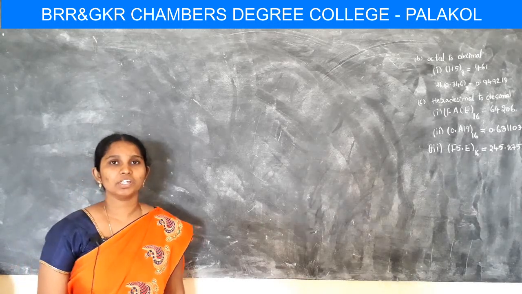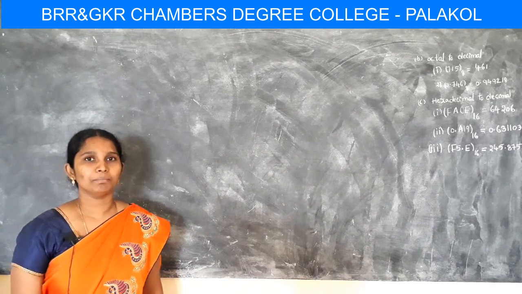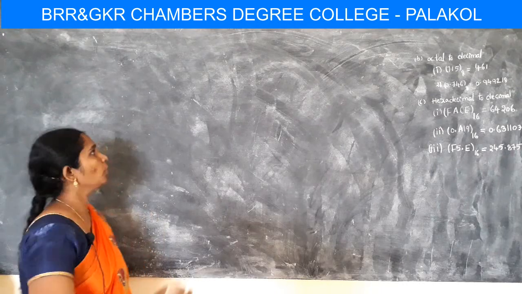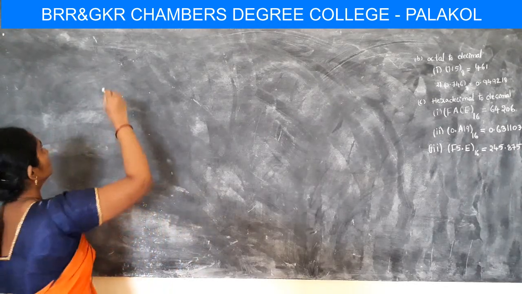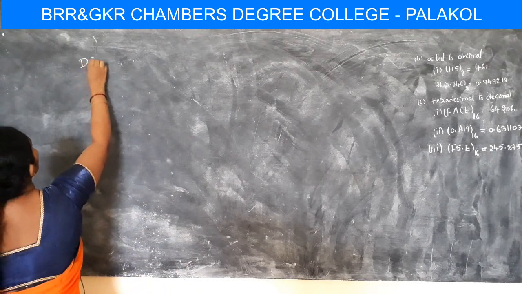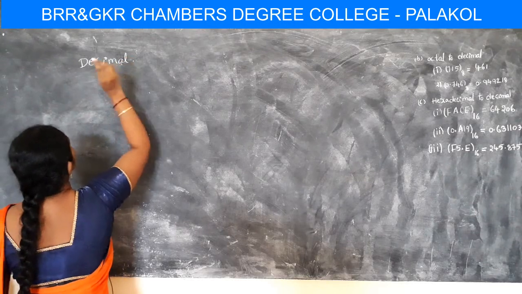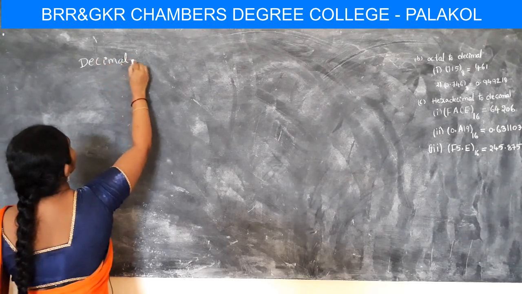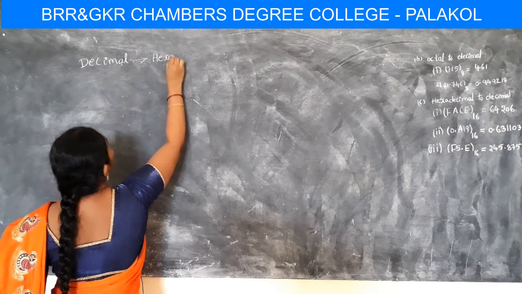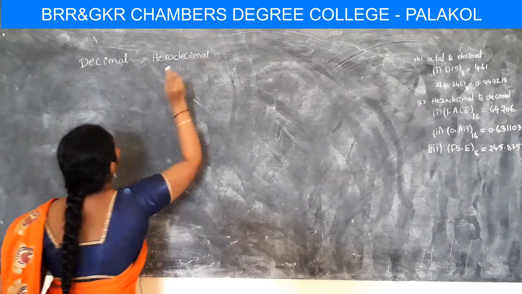Now in this presentation I would like to explain how to convert a decimal number into a hexadecimal number. Okay. So here the problem is, I consider a decimal number to convert to a hexadecimal number.